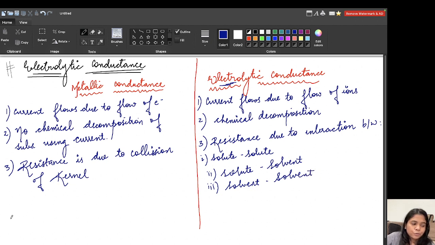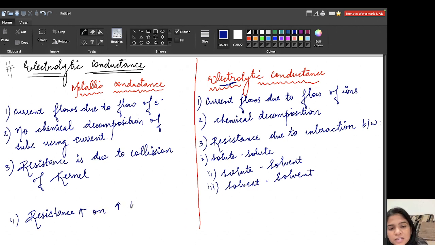Then fourth point is resistance increases on increasing temperature in metals. The current will have difficulty in flowing. But here your resistance decreases on increasing temperature. This is a very important point.